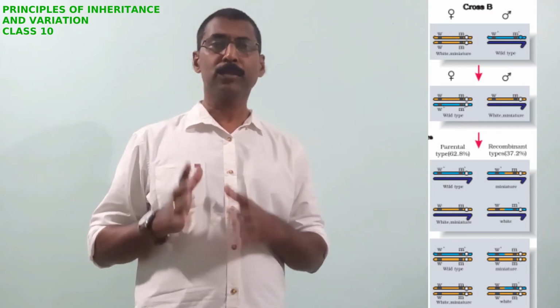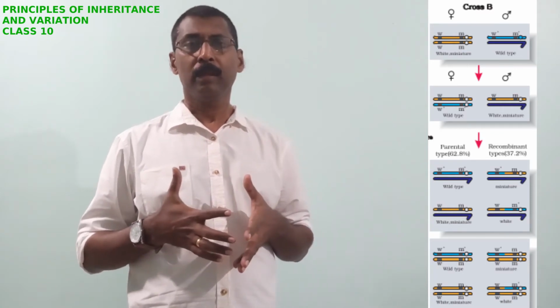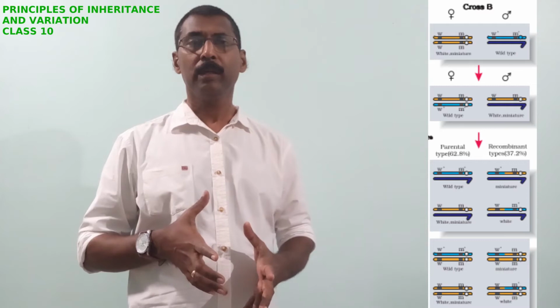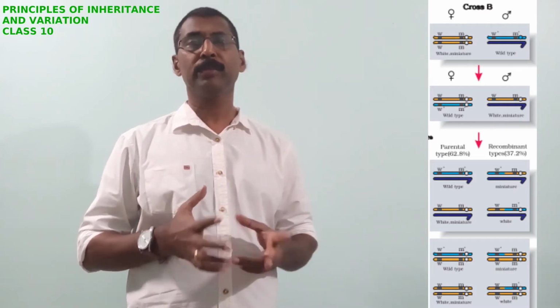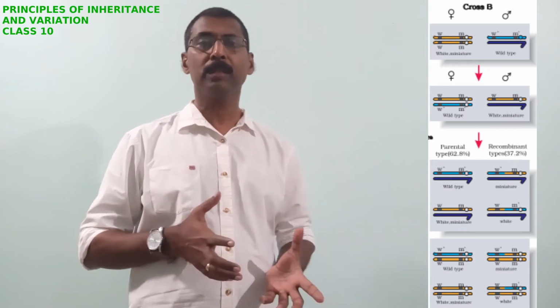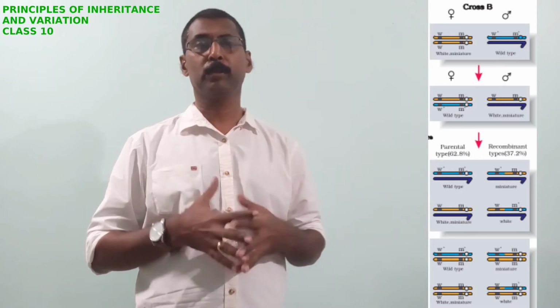As in the case of cross A, here also the F1 produced different types of individuals. Males and females were different in their genotypes and phenotypes also.